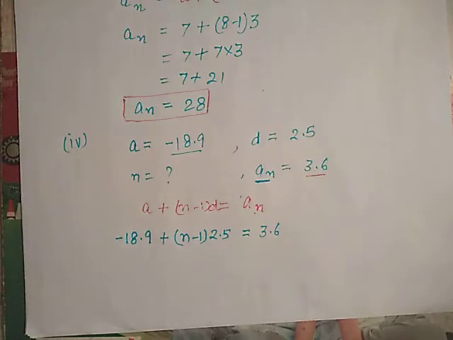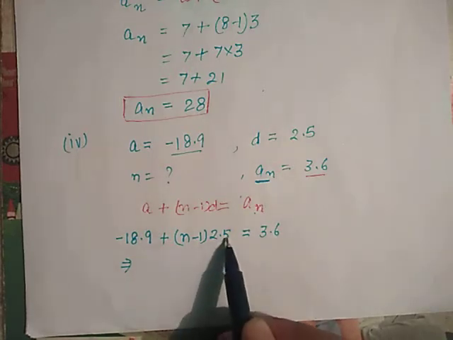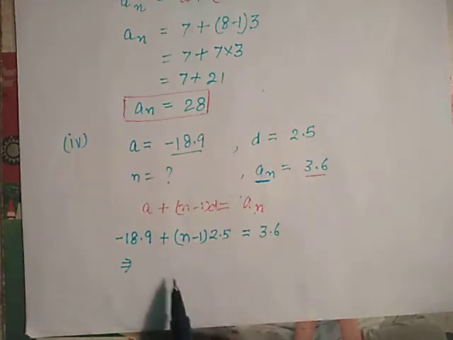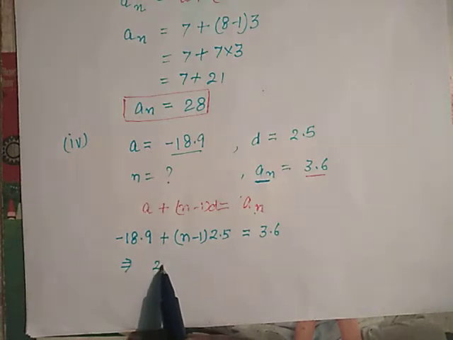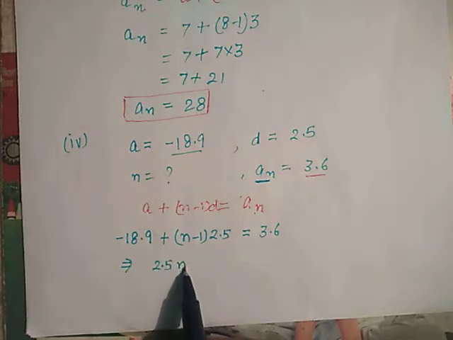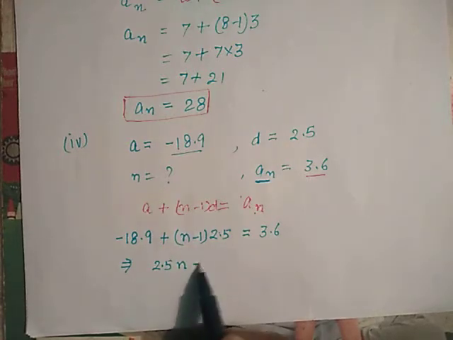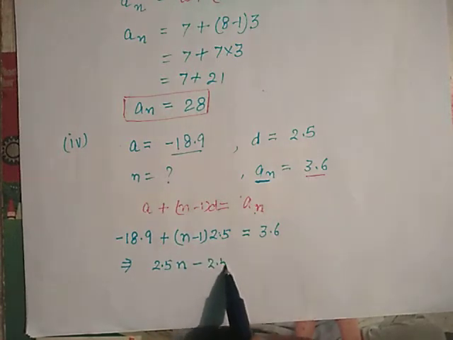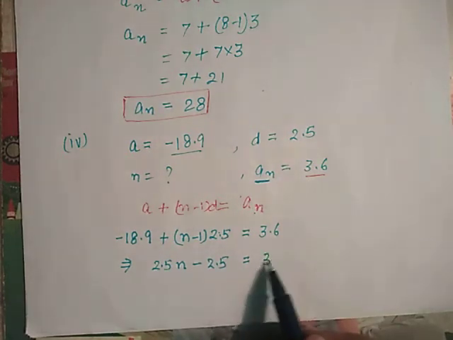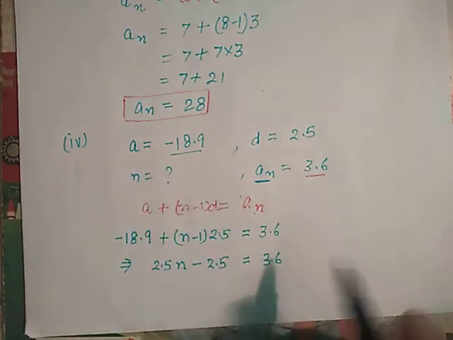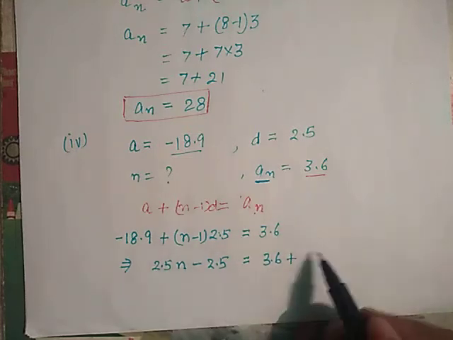Now we can take the value of a, minus 18.9, from the left-hand side to the right-hand side. Its sign will change, so it implies that, and we can multiply this inside, so it will be 2.5 n, and minus 1 into 2.5, 2.5 is equal to 3.6, and it will be positive 18.9 from negative.